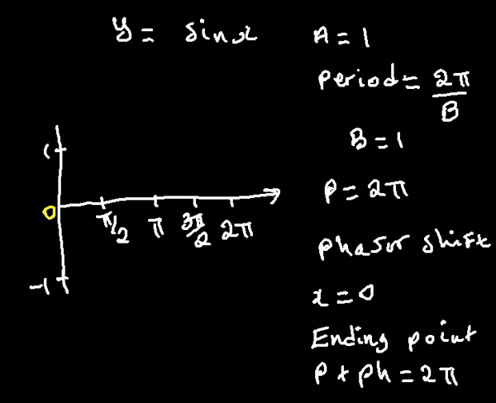The graph will start from the origin, then it will go up here, then it will go down here, and then from there it will come back up here. It should be a smooth, typical curve.